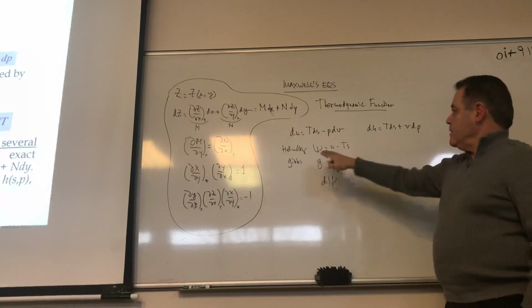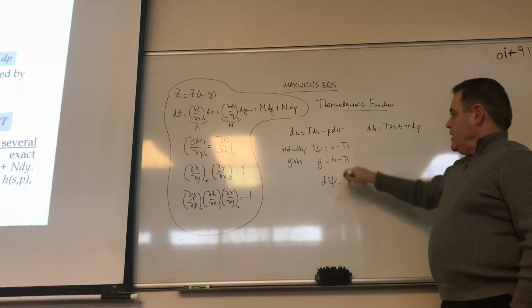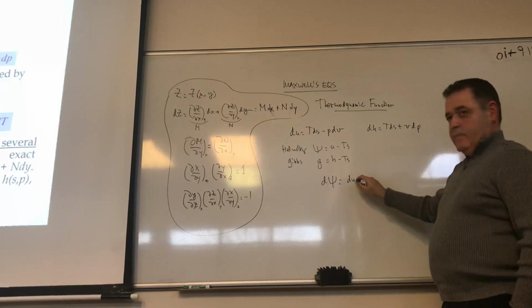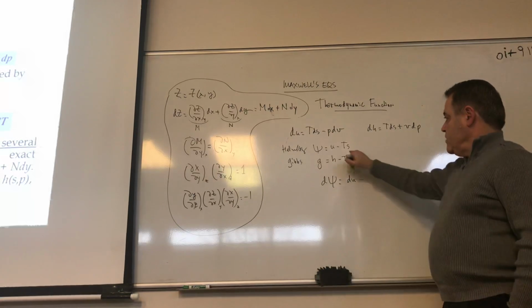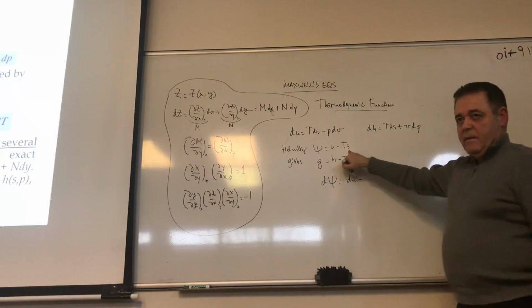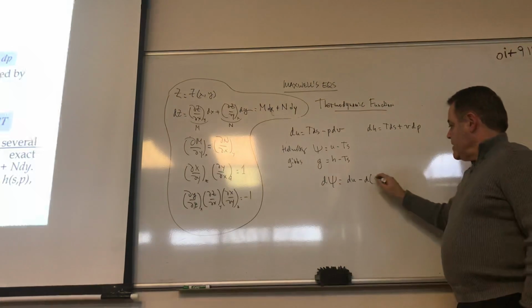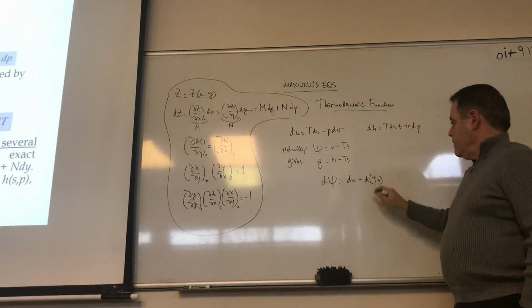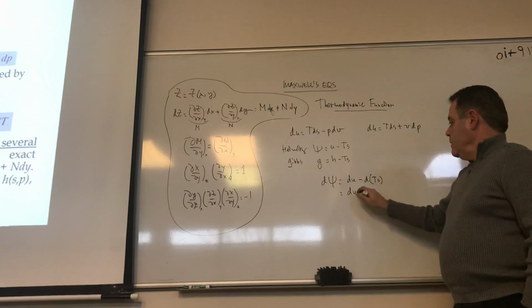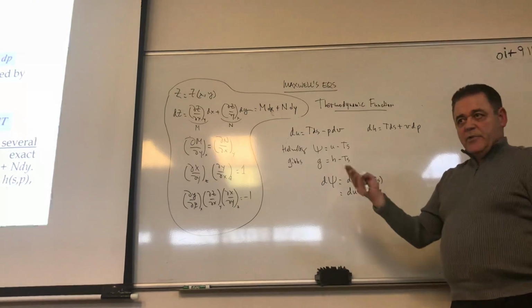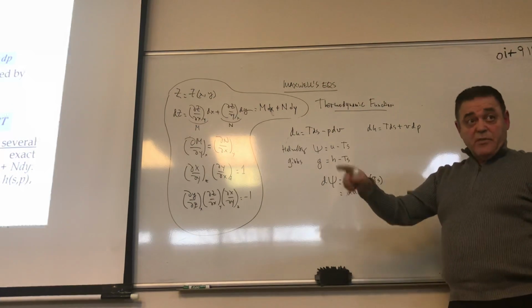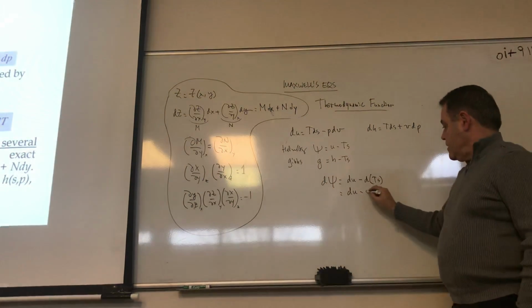Because the moment you write something like this, then what is d psi, for example, equal to? Let's not look at there. Just what is d psi here? It's dU, right? Minus, what is d of TS? Remember, we have a product, you just take one, you assume one is constant, right? Let's assume S is constant, dT.